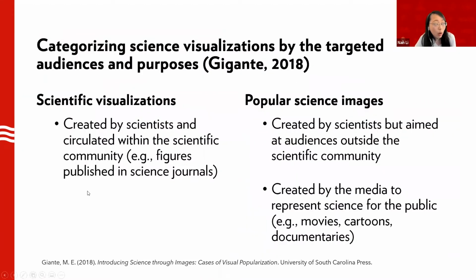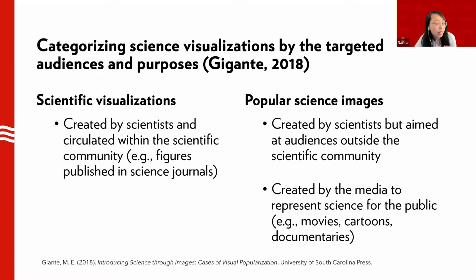Just for my own purposes, I would like to further define and break down this concept of science visualizations. Based on the target audiences and purposes, you have scientific visualizations and popular science images as two main categories. Scientific visualizations are created by scientists and circulated within the scientific community, like the figures or graphs published in science journals that everybody has seen in their own discipline.